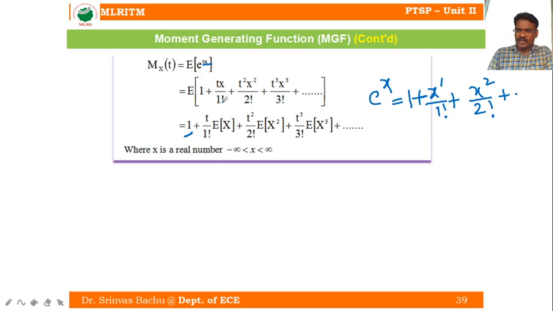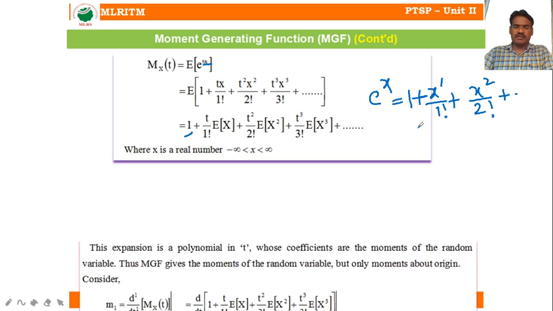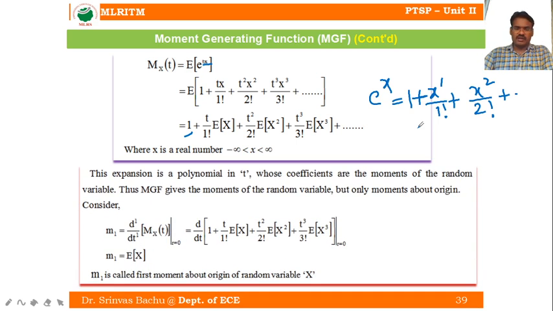Now t is an arbitrary constant, not a time variable, and x is the random variable. So t can be taken out of the expectation operator: t to the power 1 by 1 factorial, expectation of X, t squared by 2 factorial, expectation of X squared, t cubed by 3 factorial, expectation of X cubed, and so on. X is a real number ranging from minus infinity to infinity.